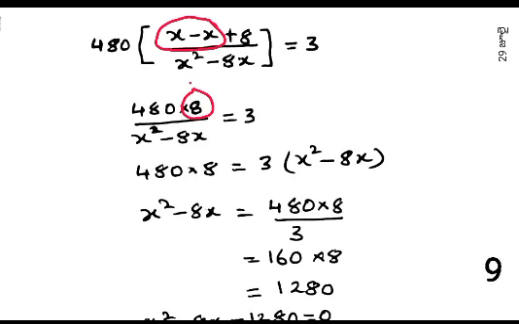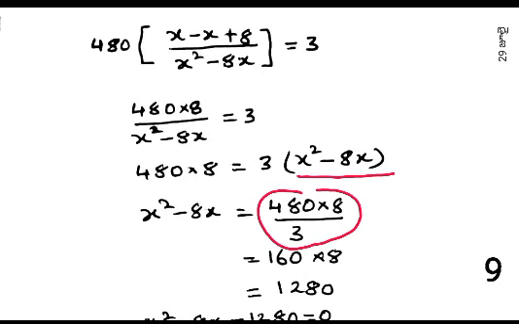On cross multiplication we get 480 multiplied by 8 equal to 3 multiplied by x square minus 8x. Therefore, x square minus 8x equal to 480 multiplied by 8 divided by 3. It becomes 1280.